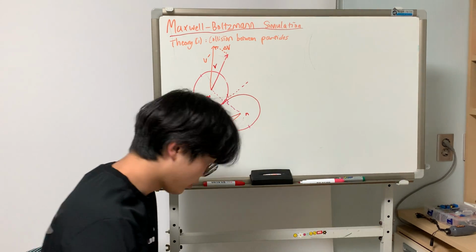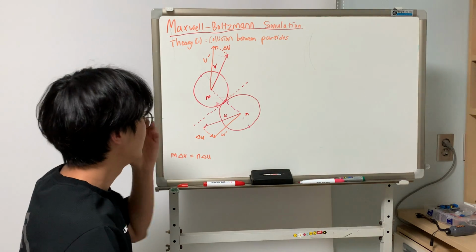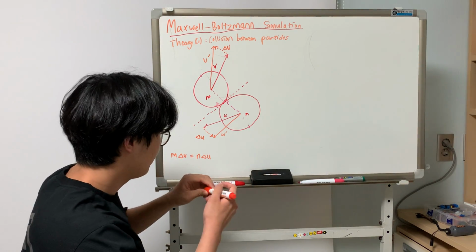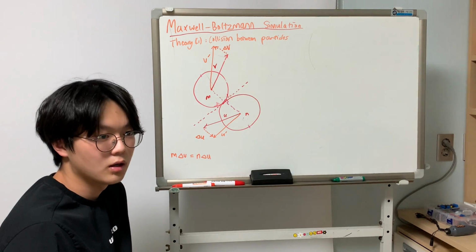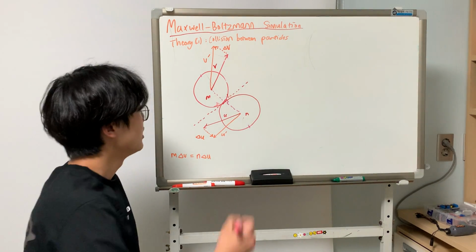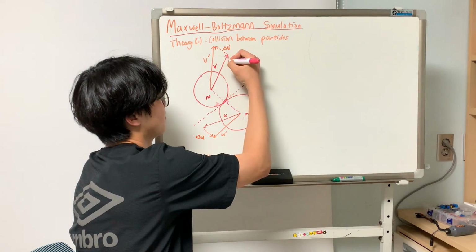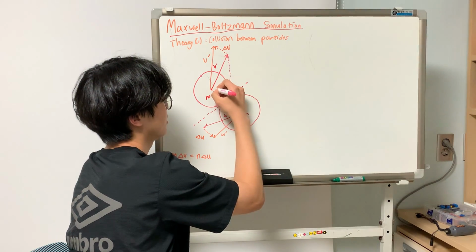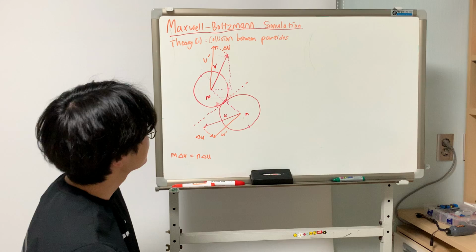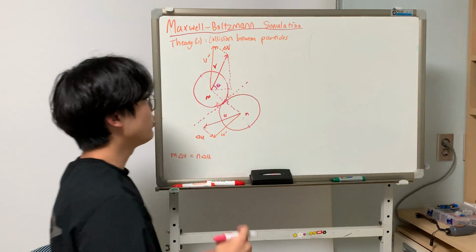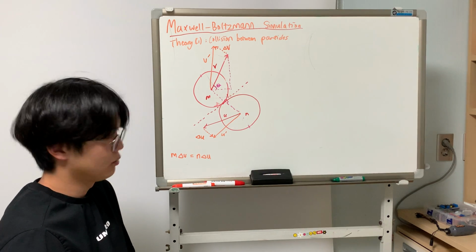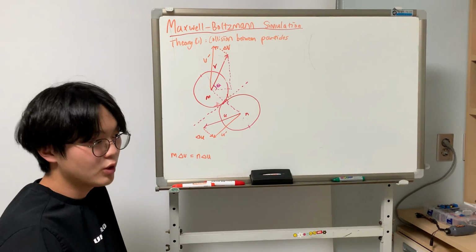But what we also know about these particles is that velocity is first of all a vector quantity. So these velocities can be considered to have two components, and I'm going to say that here is theta, which we know.